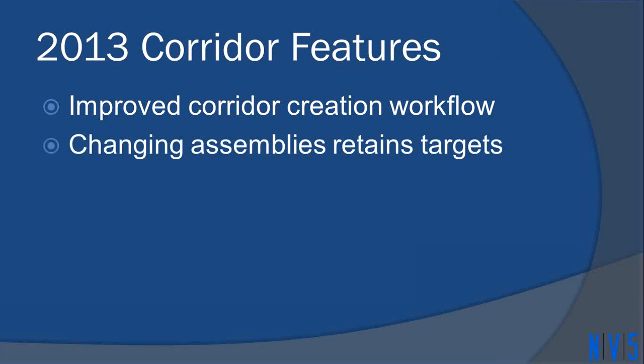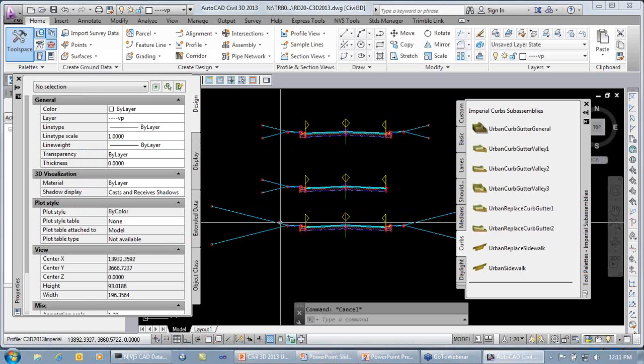So if I used alignments to control widths, or had target surfaces for daylight, I would have to remap those if I ever swapped out an assembly. Now, as long as my assembly has similar sub-assemblies, it will automatically map and retain those targets. Let's jump in and take a look at that.